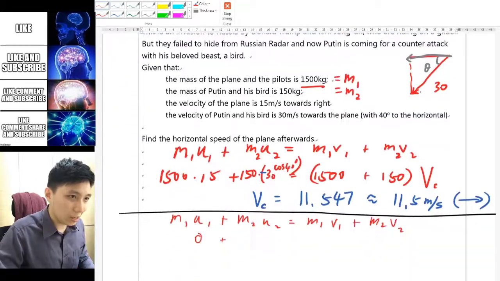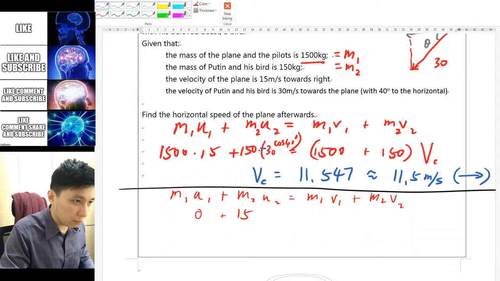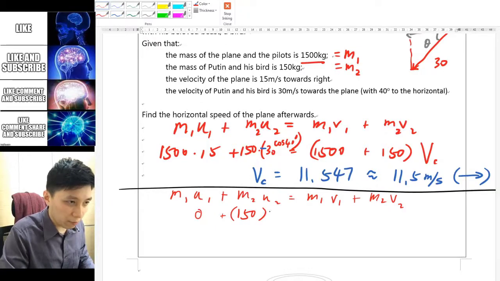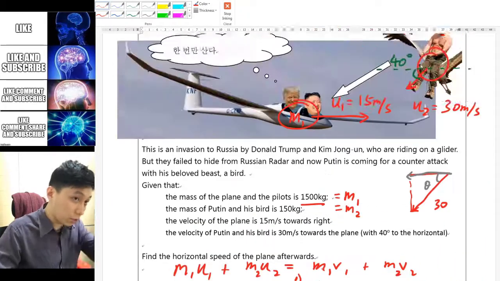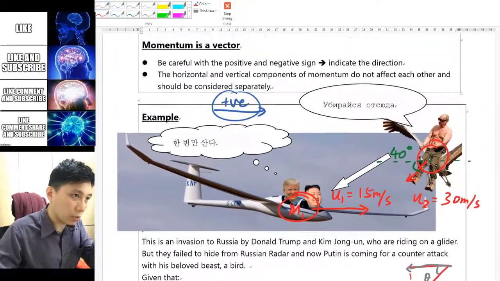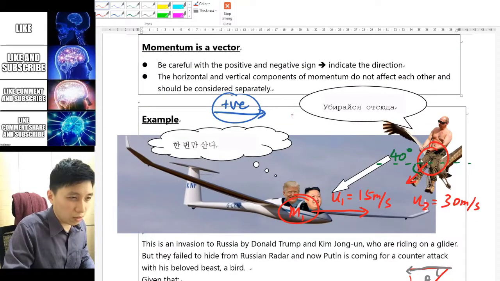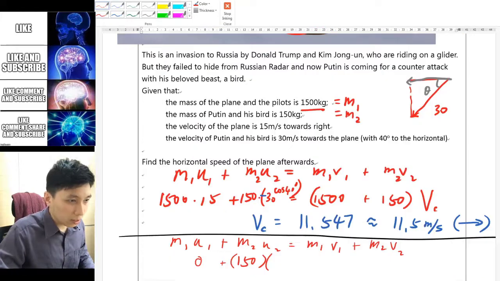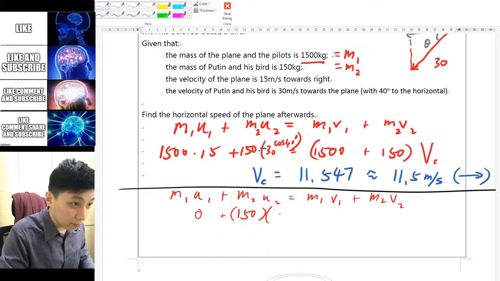So this time, of course, we have the mass the same as 150, but the vertical movement is going to be downward. So let's say we take downward as positive, then we should have 30 sine 40 degrees this time.